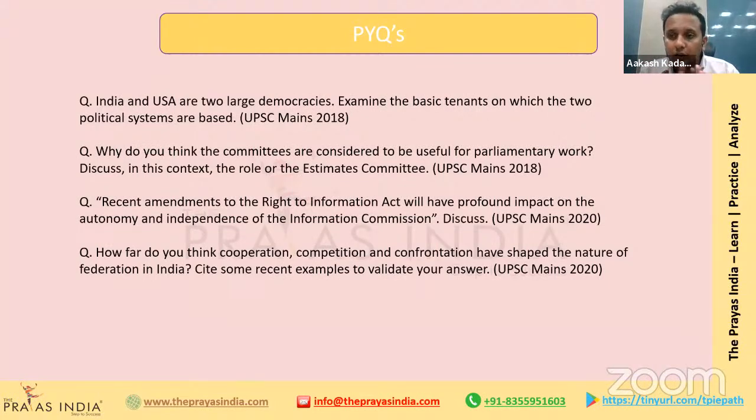Due to COVID, a lockdown was imposed and all the industries had come to a halt, and therefore the source of revenue had gone down. But the central government also said that we don't have money to give you. Now, this was the confrontation happening between the central government and state governments with regards to GST compensation. So this is an example which you could have added when you were talking about the confrontation point.